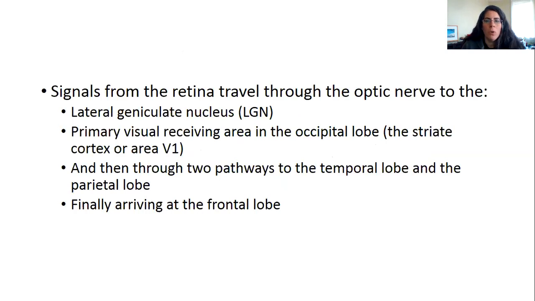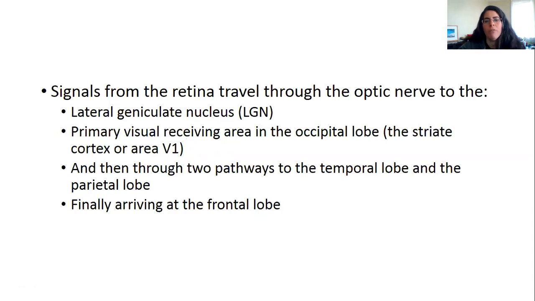The occipital lobe is called the striate cortex based on its appearance. This area is also called V1. The primary processing area for visual information is V1, and it is the site of the incoming information from the LGN, and it is the surface of the cortex.